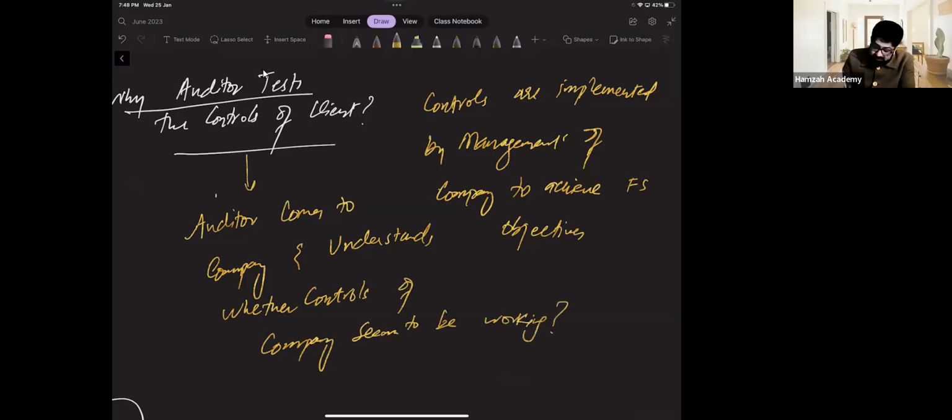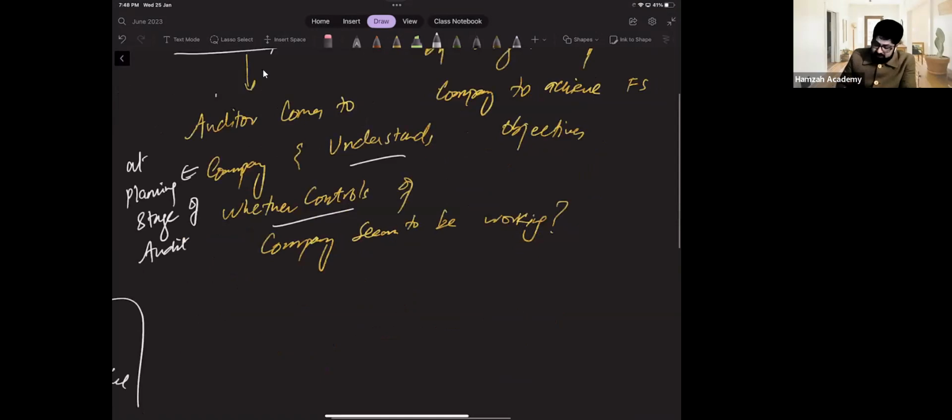This is done at the planning stage of audit. The auditor understands.